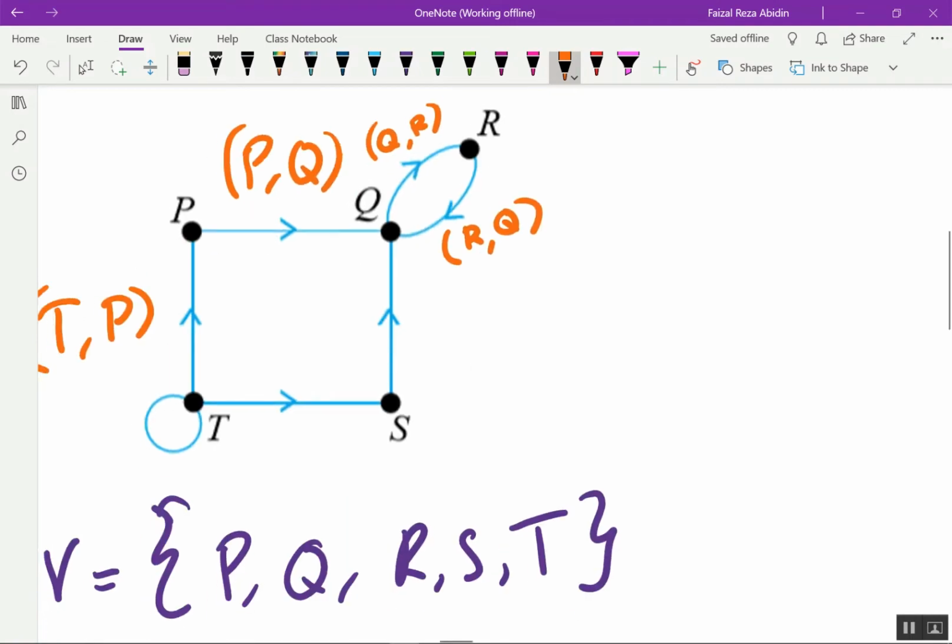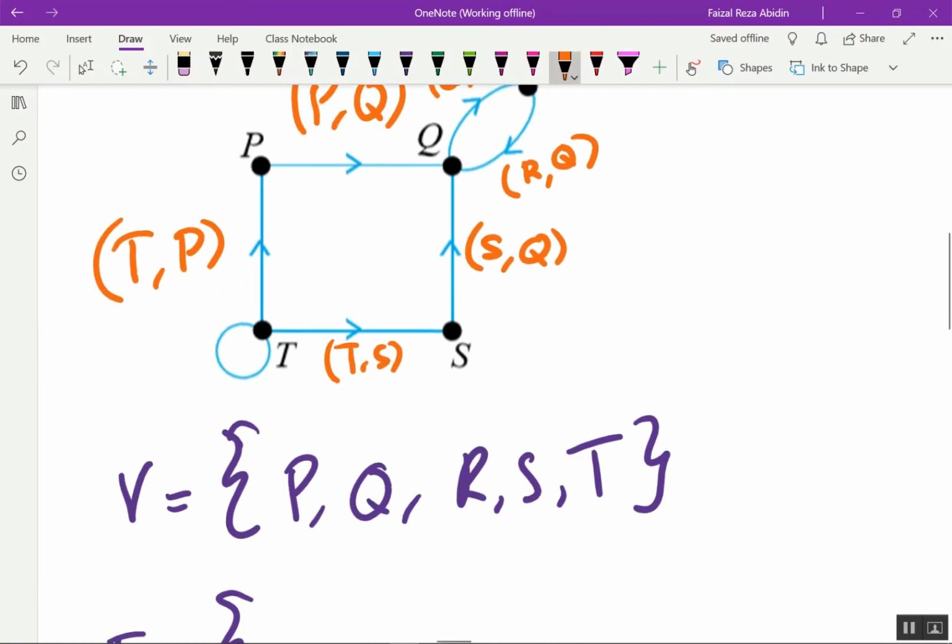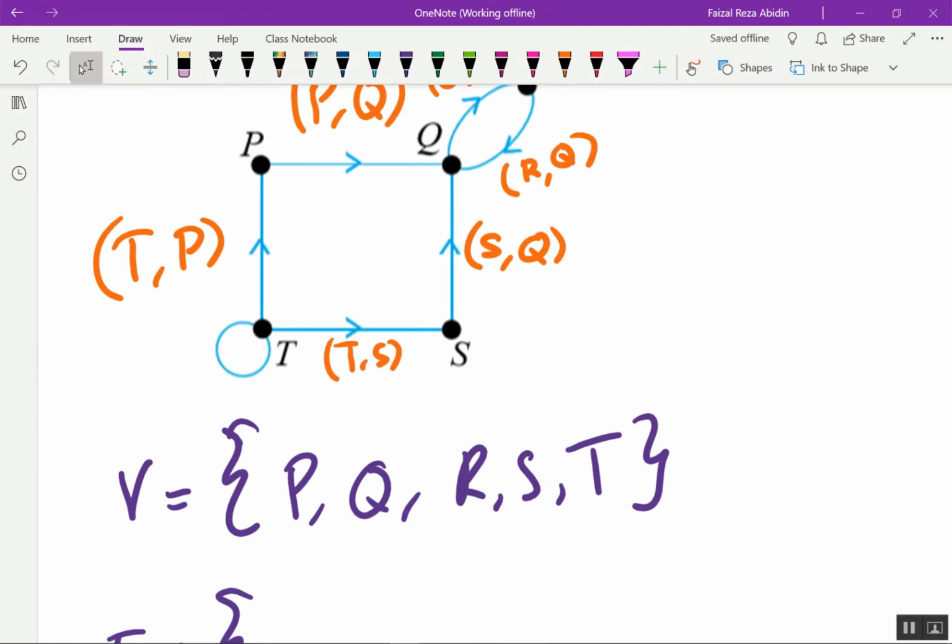That's how you write. Next, at the edge below here, we have, correct, SQ. This one, TS. For the loops, is there any direction? No, loops have no direction. So we just know that this one is only TT.